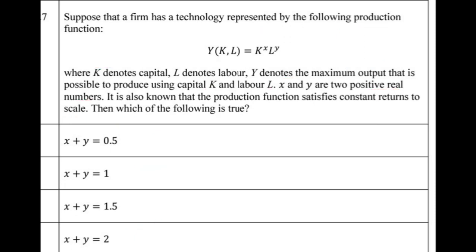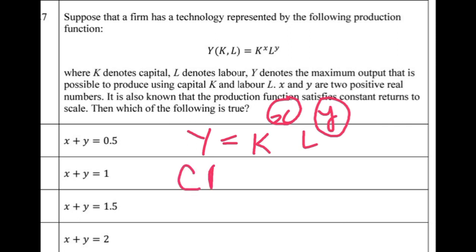So what we are being given, we have y = K^x L^y. This x denotes the output elasticity of capital and this y denotes the output elasticity of labor. Since we are being told that it has constant returns to scale, constant returns to scale means when the sum of the exponents, that means x plus y, is equal to 1.